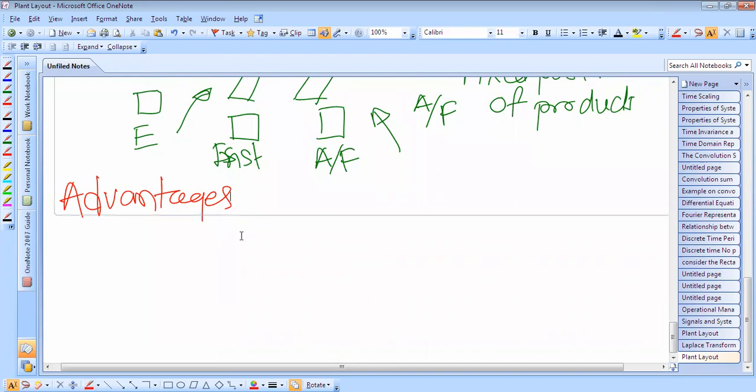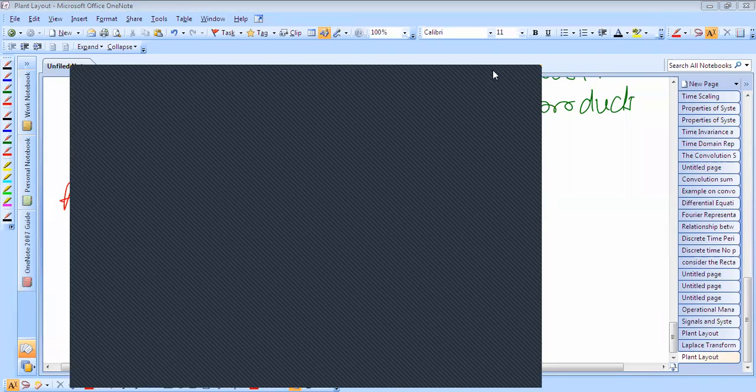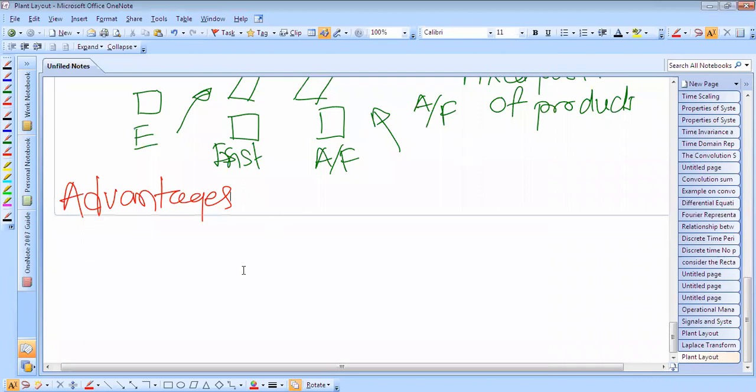The advantage of this layout is that it is possible to assign one or more skilled workers to a project from start to finish. In the previous layout, we saw that even if you have less skilled workers, that is no problem.